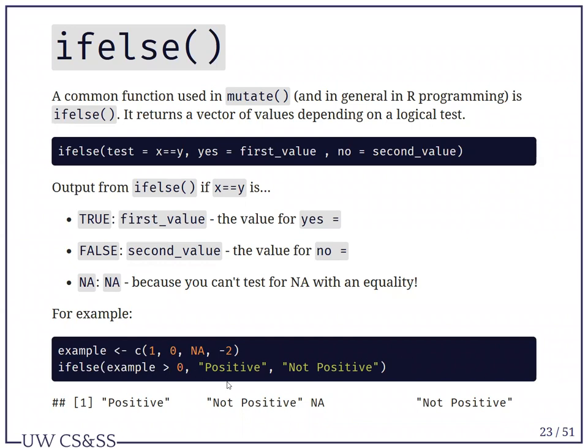And when we run this, 1 is greater than 0, so we get a positive. 0 is not greater than 0, so it's not positive. NA cannot be tested with an equality, so it just throws us back an NA. And -2 is not greater than 0, so we get a not positive. Does that make sense?